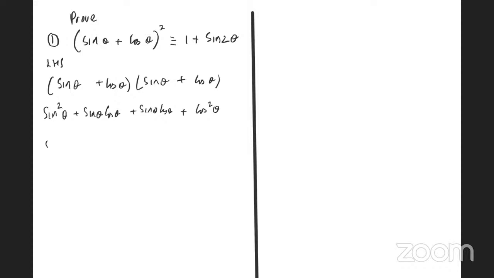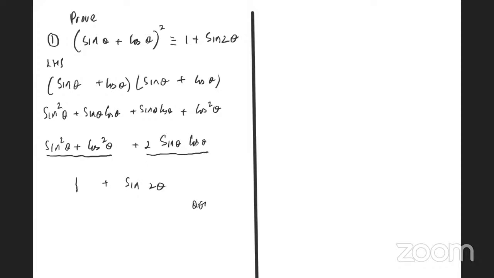Separate it up, you'll get sine squared theta plus cos squared theta plus 2 sine theta cos theta. We know that sine squared plus cos squared is 1, plus, if you look at your identities, 2 sine theta cos theta is sine 2 theta. And that's it. Once you expand it, you're supposed to get it, right?